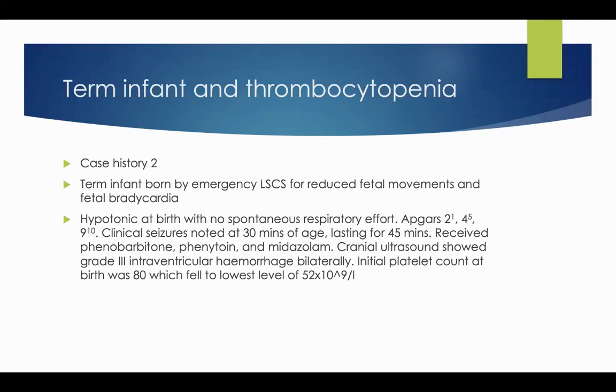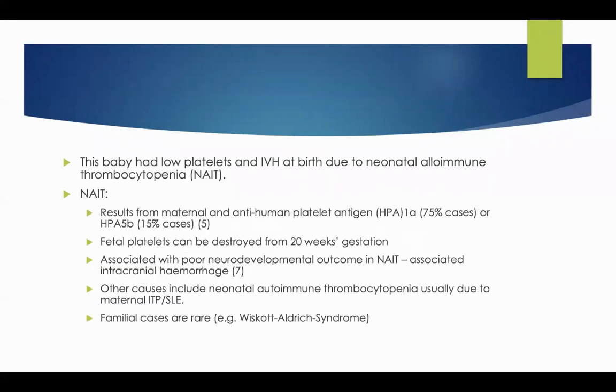So here we have quite an unusual presentation of a term baby with bilateral IVH and early onset seizures. Whilst HIE is one of the more common differentials that you would think of, it's also important to exclude NAIT, neonatal alloimmune thrombocytopenia. This is usually caused by maternal antibodies crossing the placenta, targeting platelet antigens inherited from dad.